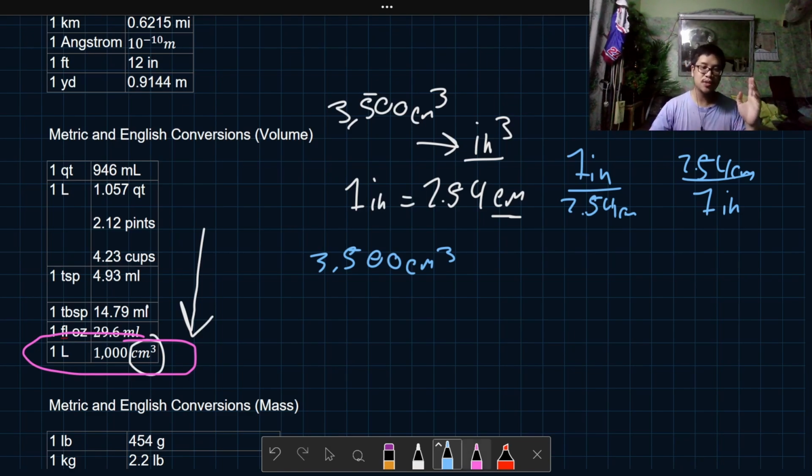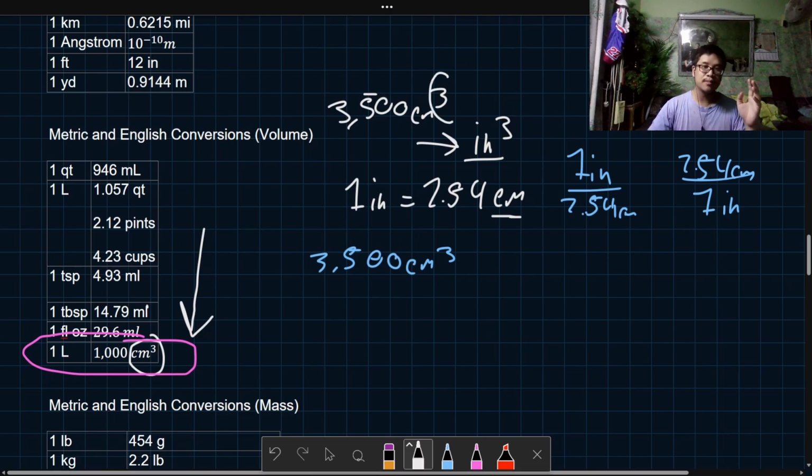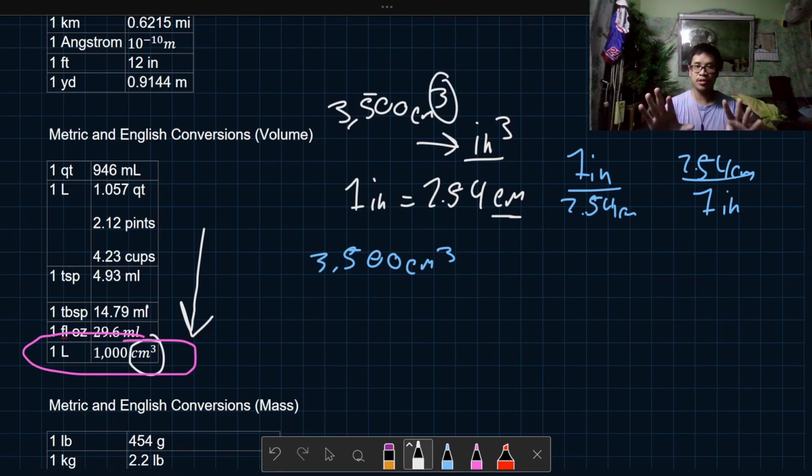Or just imagine that this is in centimeters. Just disregard the exponent of 3. Which fraction are you going to use to multiply 3,500 so that you can cancel out the centimeter units? So it's the first one, right?